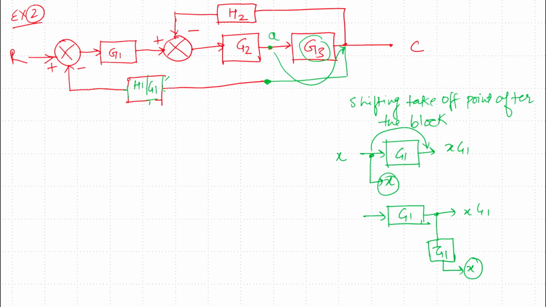Okay, so this will be the change after this shifting of the takeoff point. Now we can clearly see here that G2, G3 are in series, and this can be represented by a single block.